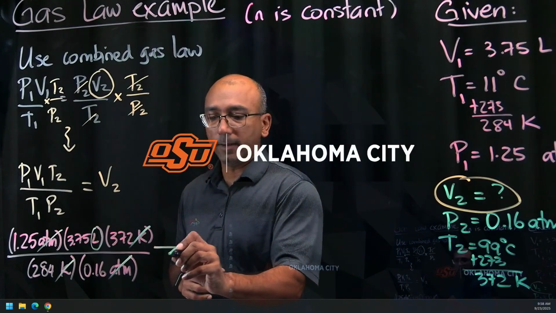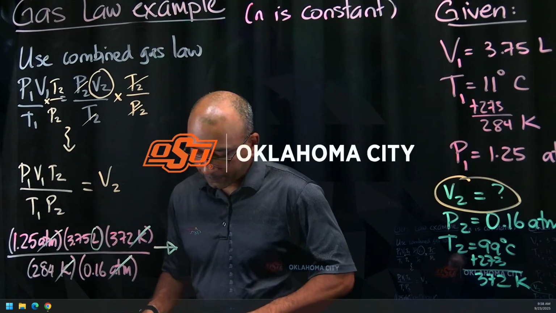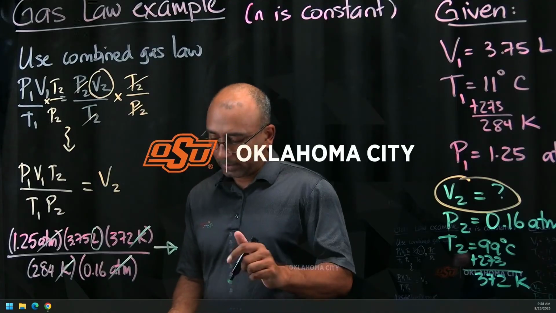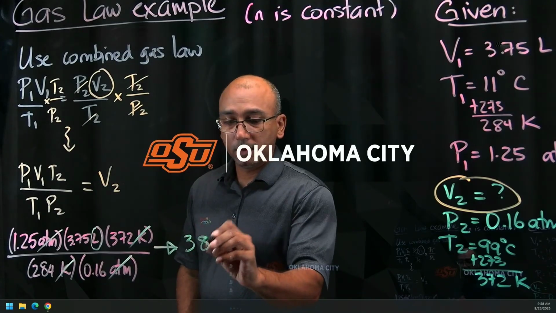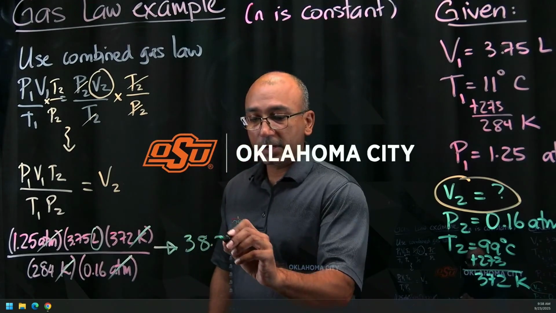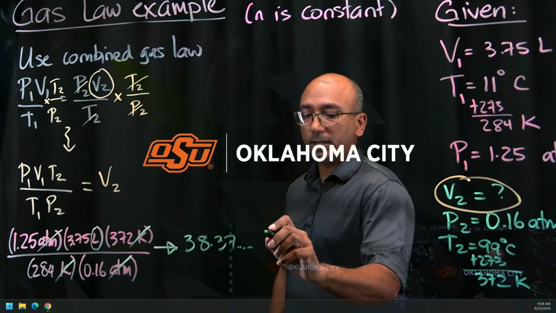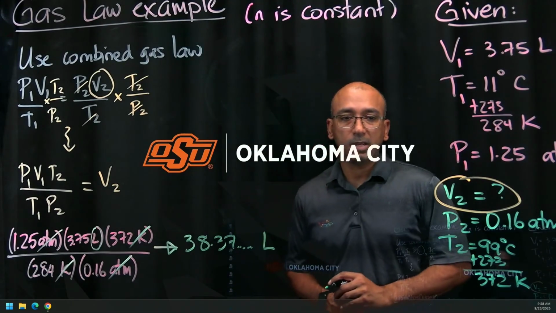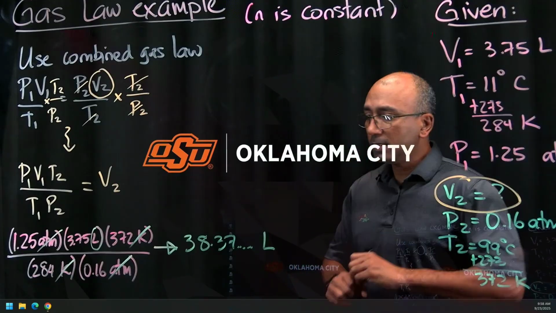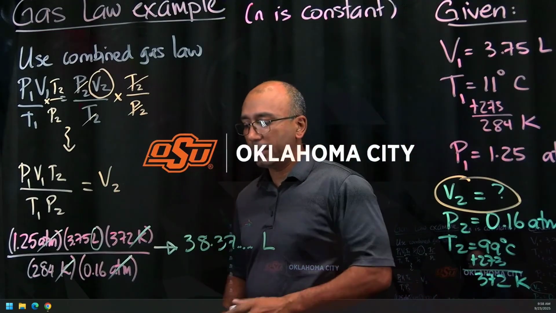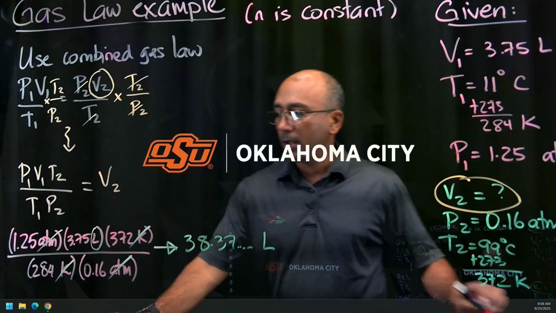And what are we going to end up with? Well, if I plug that in, what I get is 38.37, and then a bunch of numbers after it, and that's liters would be the unit. We want to make sure that we also apply all the rules that we learned early on for sig figs.